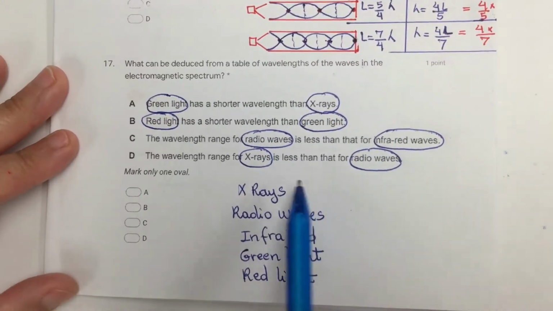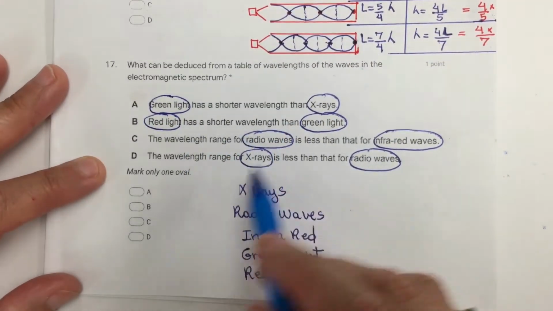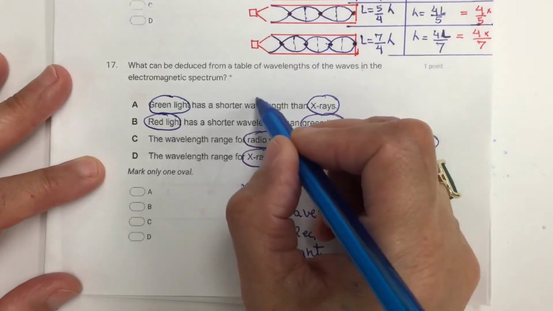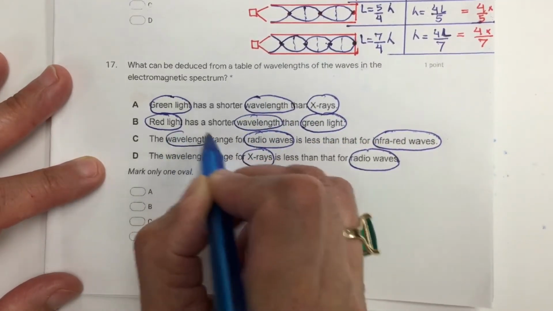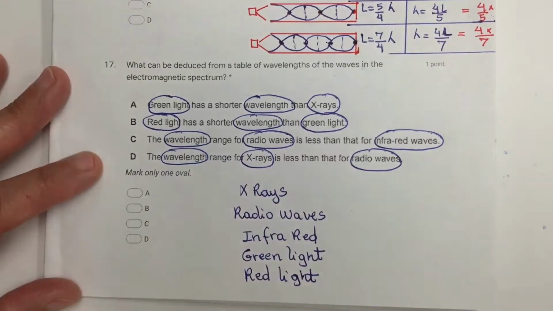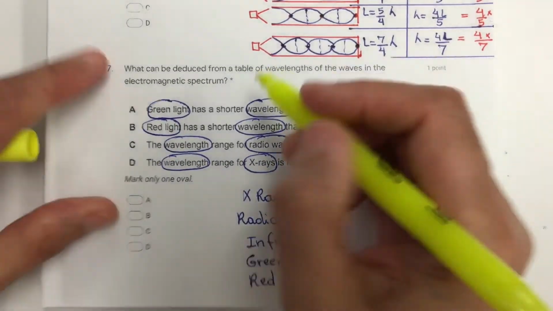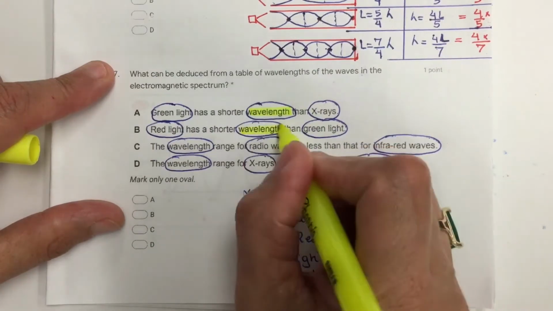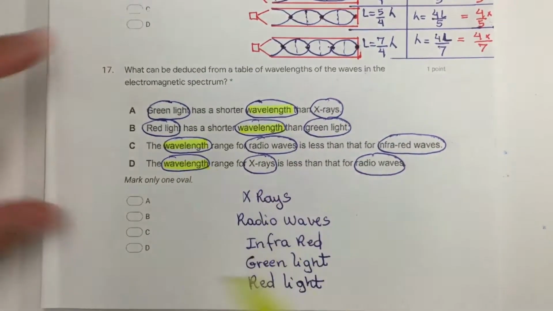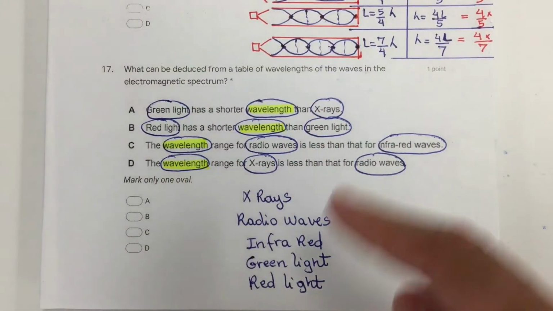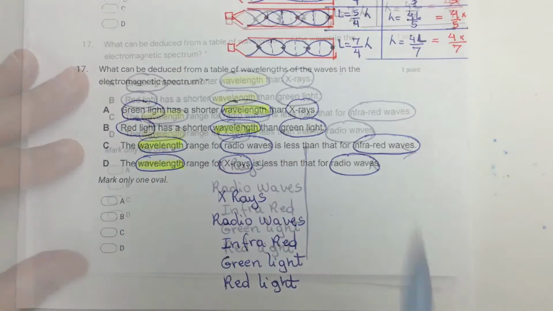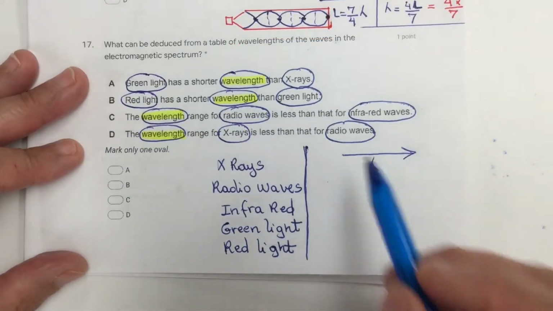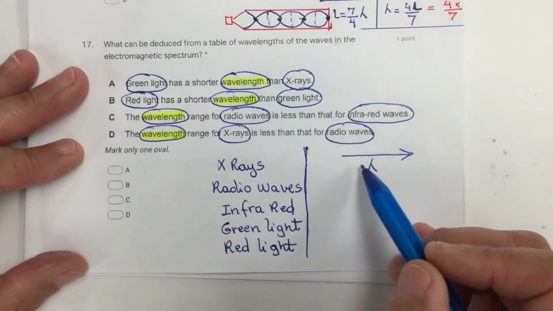Another critical piece of information: the options are comparing just the wavelength, not frequency, just wavelength. So a good strategy would be to organize the options in order of wavelength so we can compare them.